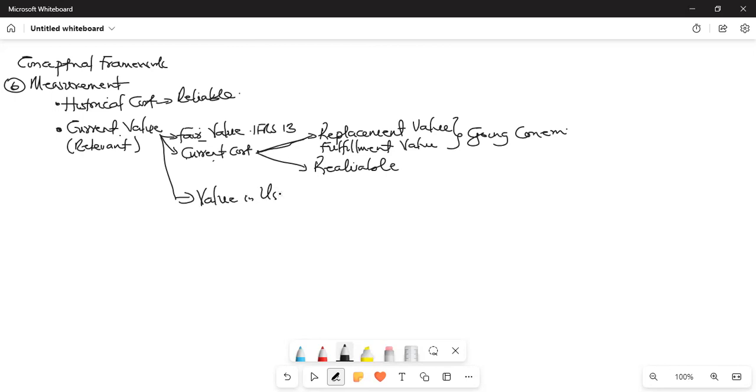Value in use is the present value of the future cash flow from the assets when the company uses the asset itself.